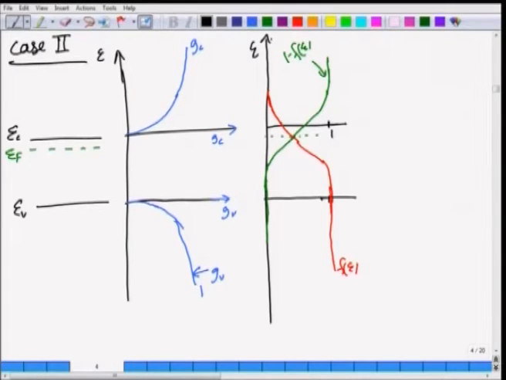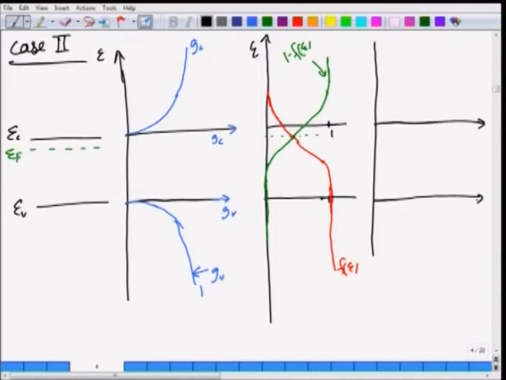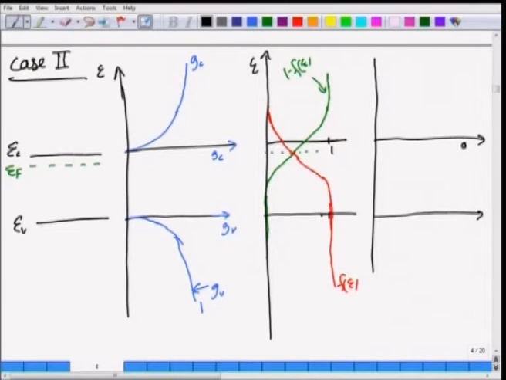And now, if I plot the same energy scale, on this we are plotting GC and f of E into GC of E, and on this I am going to plot 1 minus f of E into GV of E. That is what I am plotting.